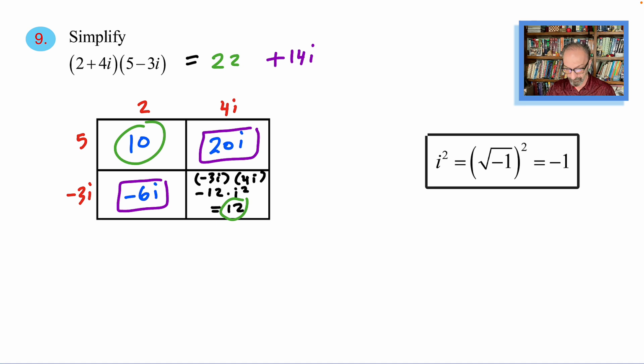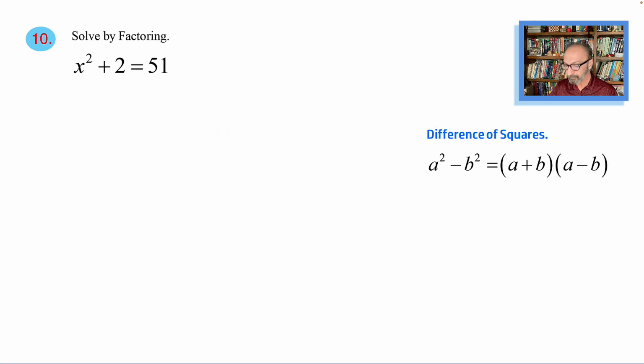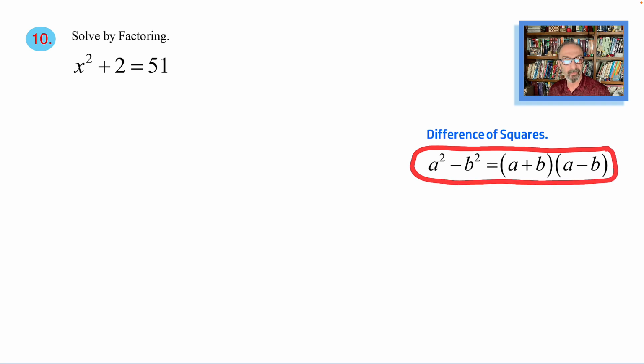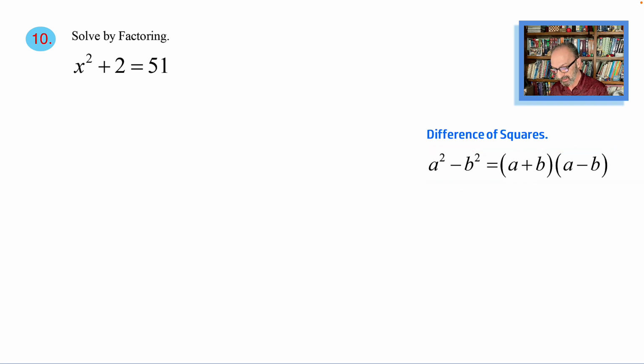Number 10. Halfway. To solve by factoring, we're not going to move the 2 to the right side and use the square root property. We need to use factoring techniques. Here's one idea that we need to keep in mind. The difference between two squares, which is a squared minus b squared, will give you a plus b times a minus b. So let's use that.